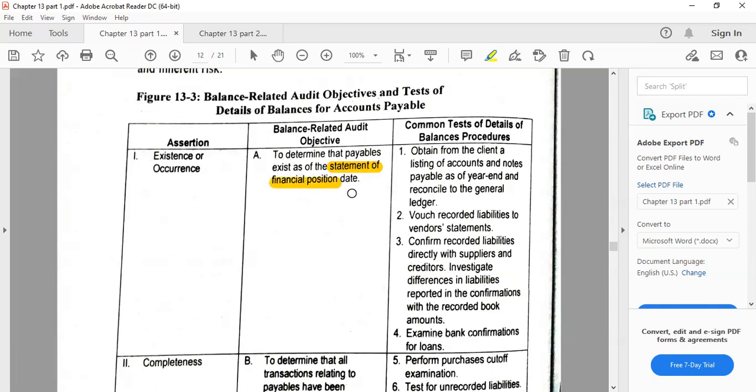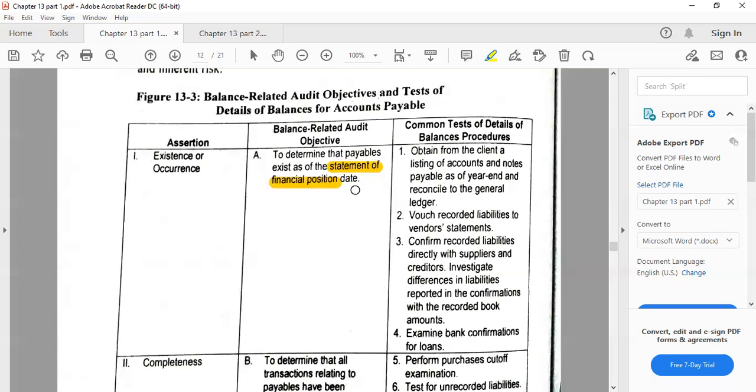Statement of financial position is your balance sheet. So for example, if you look at your balance sheet and you see accounts payable of 1 million, we as auditors need to know whether this 1 million liability actually exists.